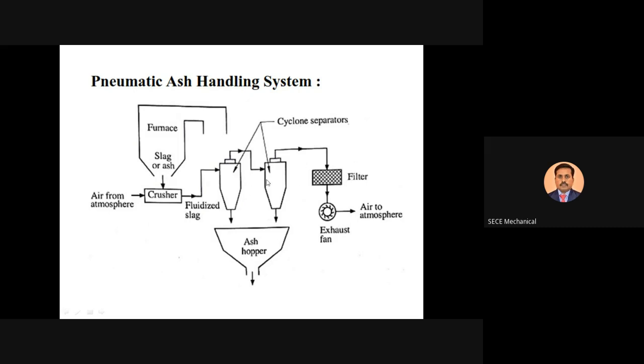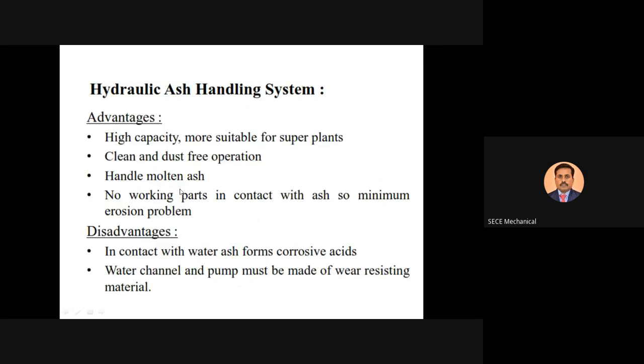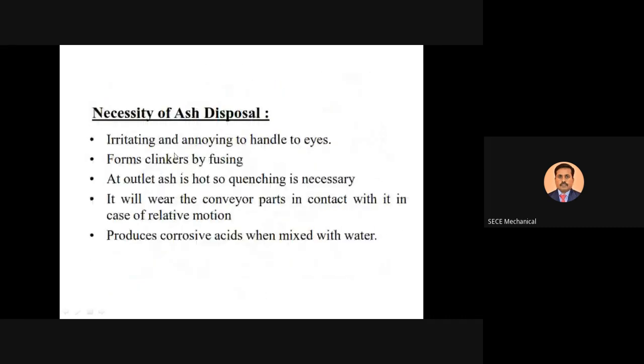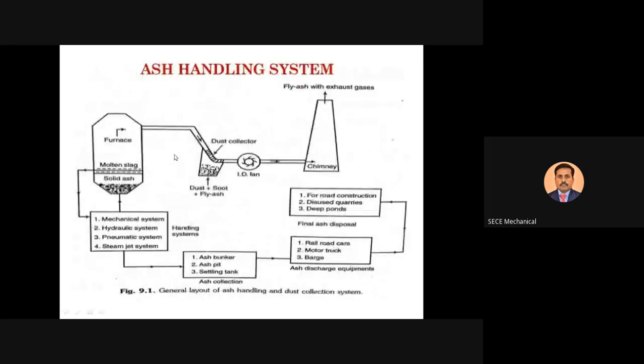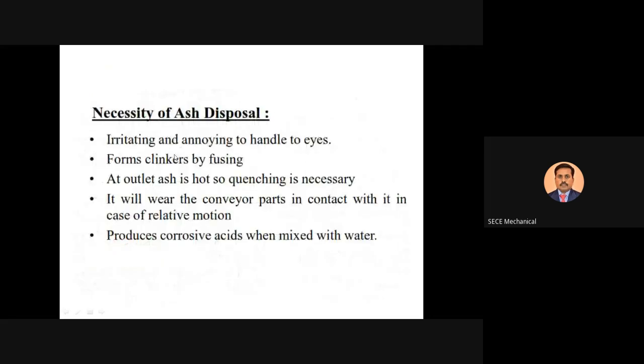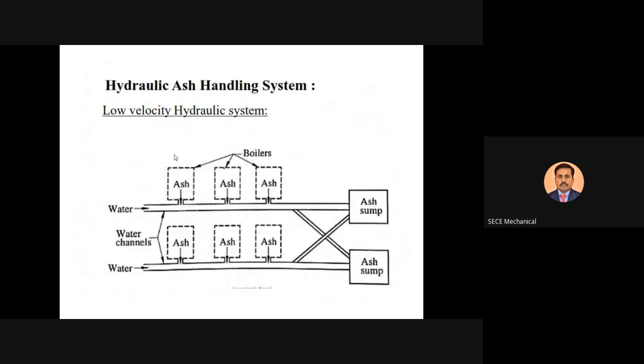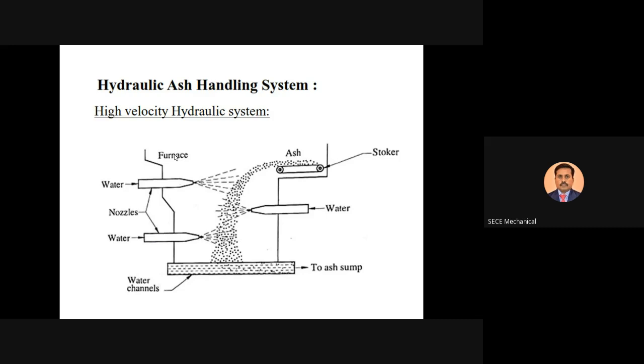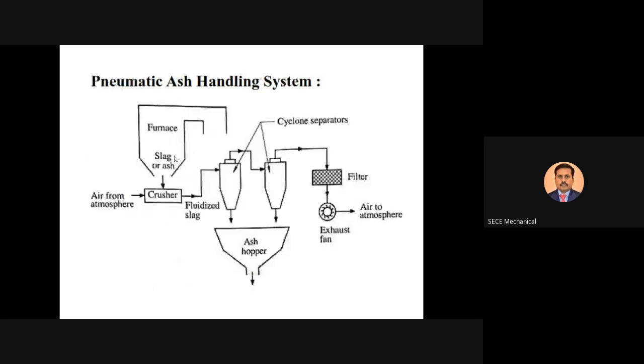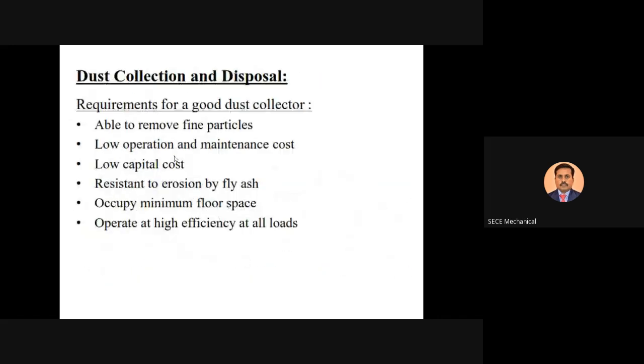We will discuss later in detail how the cyclone separator works. So these are all the gas handling systems. We discussed mechanical, pneumatic, and hydraulic. In the hydraulic, we discussed high and low velocity. Up to this, do you have any doubt?